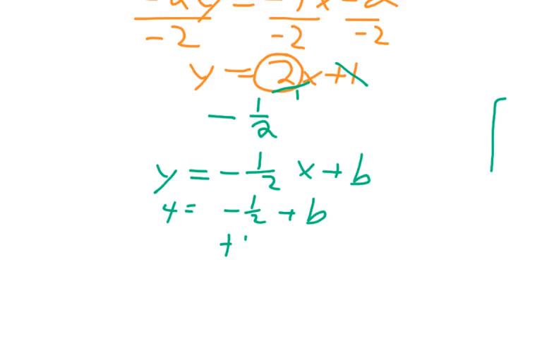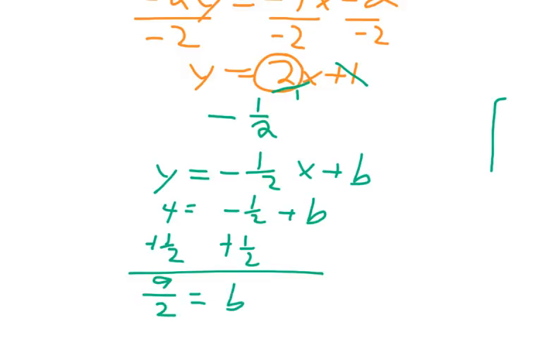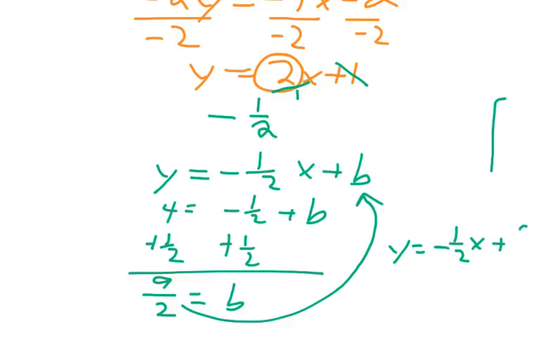Now when you add 1/2, I'm going to put this into an improper fraction, and so I get 9/2 equals b. Once again, we need to put that back into the original formula. So y equals negative 1/2 x plus 9/2.